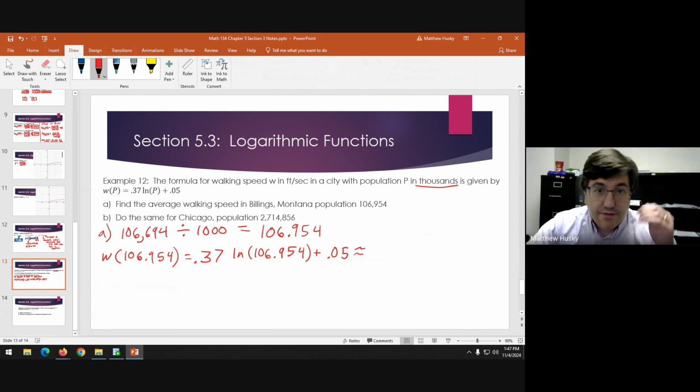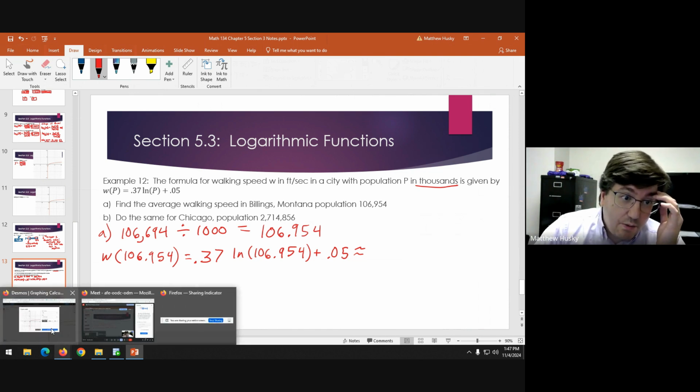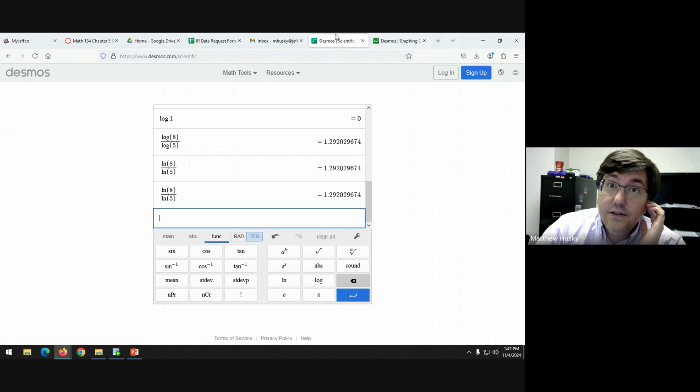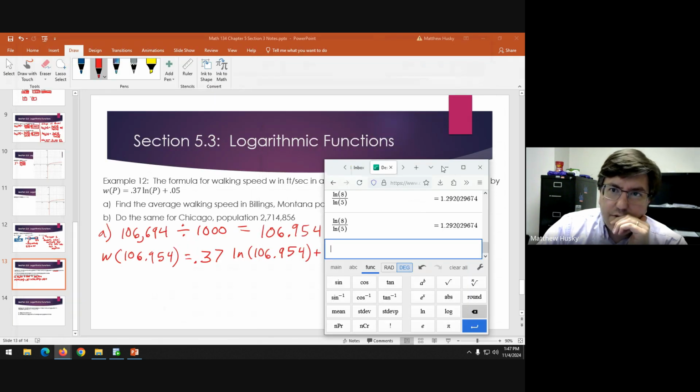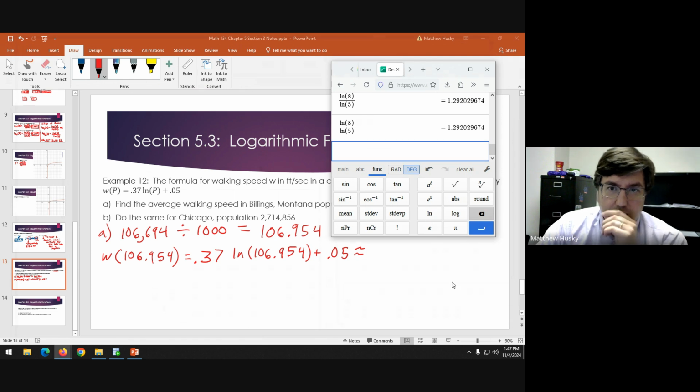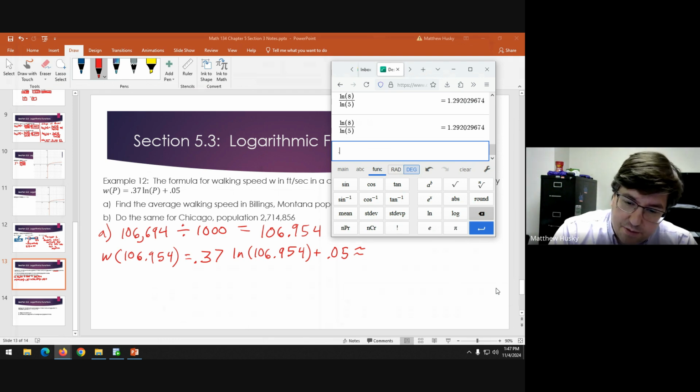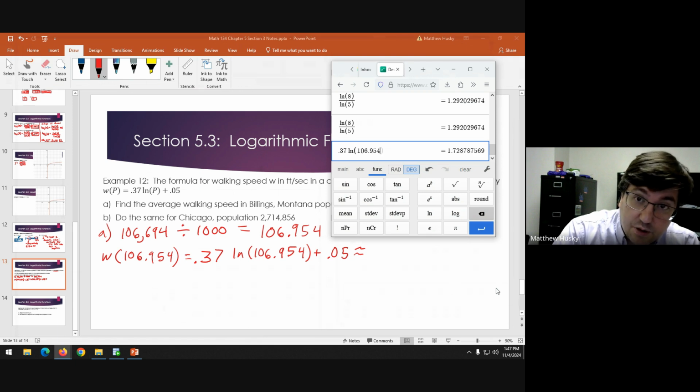And if we get ourselves a calculator, we can work out what that is. What do we got? We have 0.37 ln parentheses 106.954.